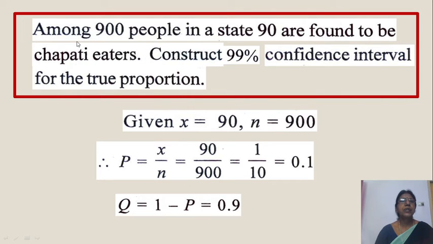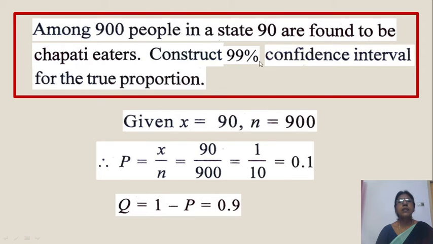See the next question. Among 900 people in a state, 90 are found to be chapati eaters. Construct 99% confidence interval for the true proportion.